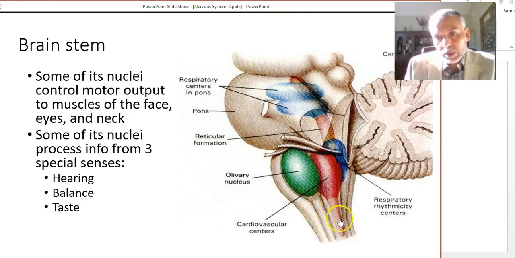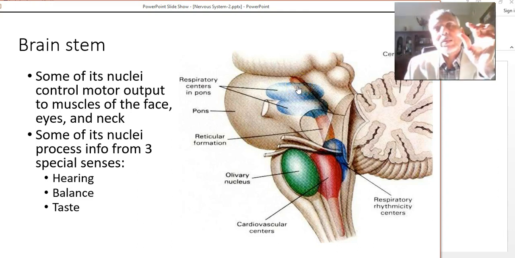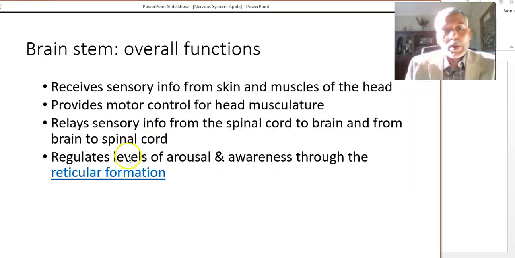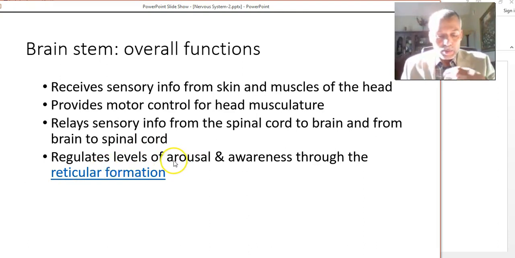It's called reticulus because it has dark brown patches and light brown patches because it produces certain neurotransmitters. So the reticular system regulates your sleep-wake cycle, for example, and it also makes you have that kind of wakefulness that you are awake.